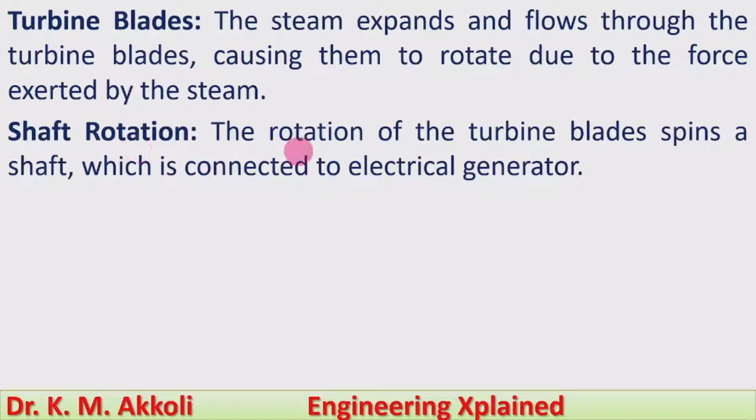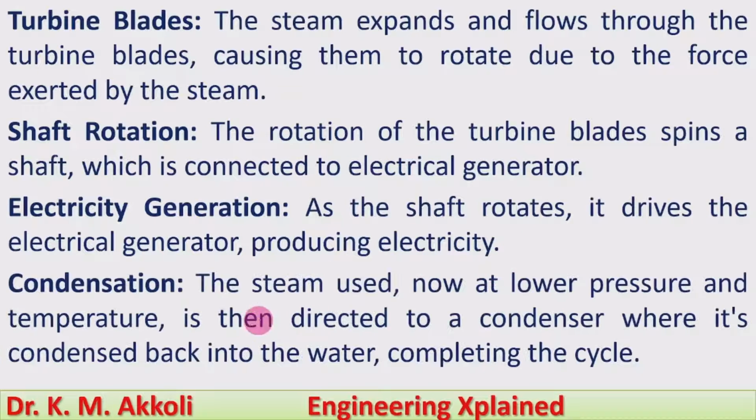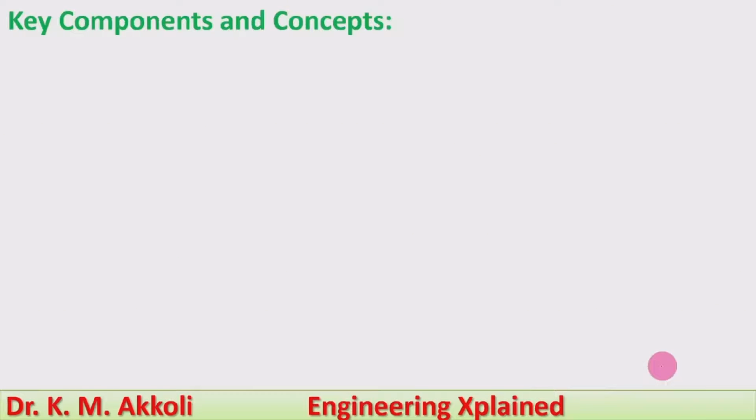Shaft rotation. The rotation of the turbine blades spins a shaft which is connected to the electrical generator. Electricity generation. As the shaft rotates, it drives the electrical generator, producing electricity. Condensation. The steam, now at a lower pressure and temperature, is then directed to a condenser where it is condensed back into water, completing the cycle.